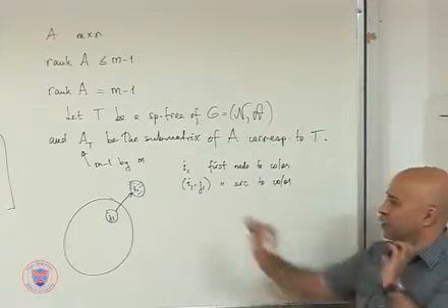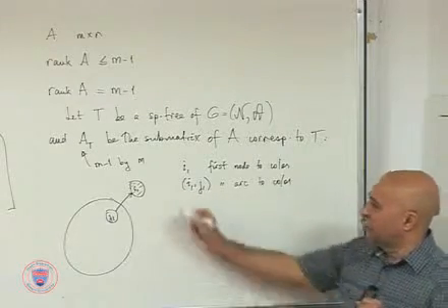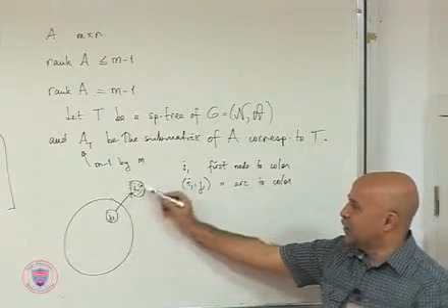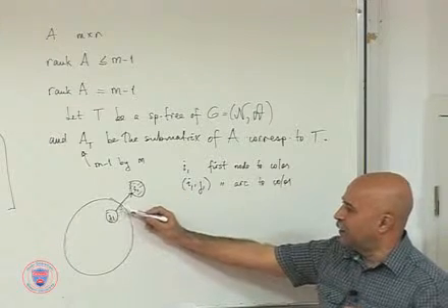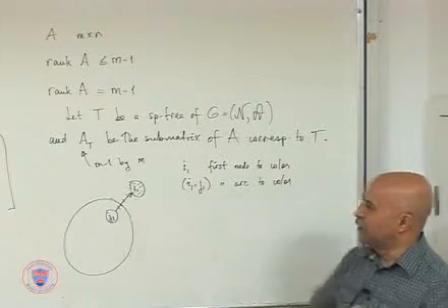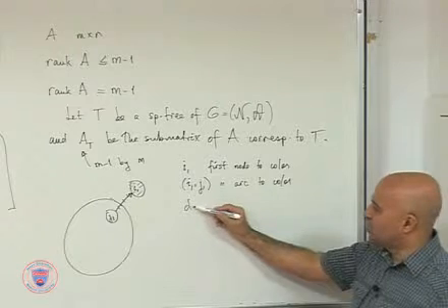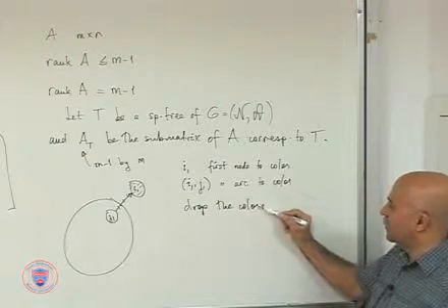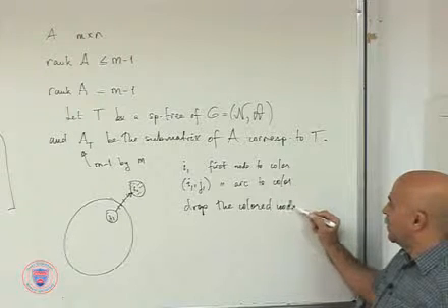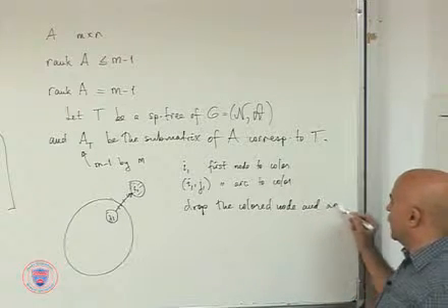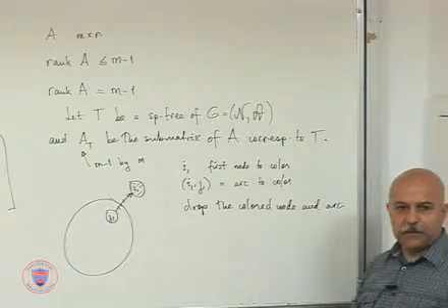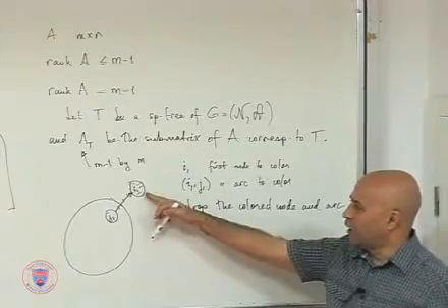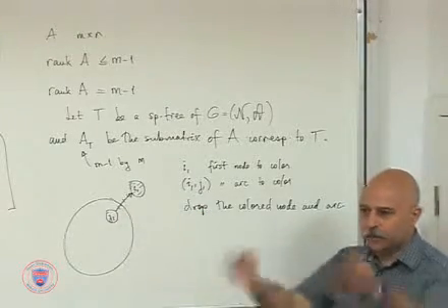So initially we pick a node of degree 1, we identify the adjacent one, we color the node and then the arc as well, and then we drop the colored node and arc. Okay, so that removes one node plus one arc from the tree.